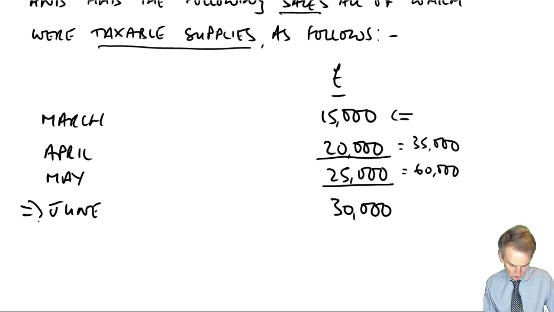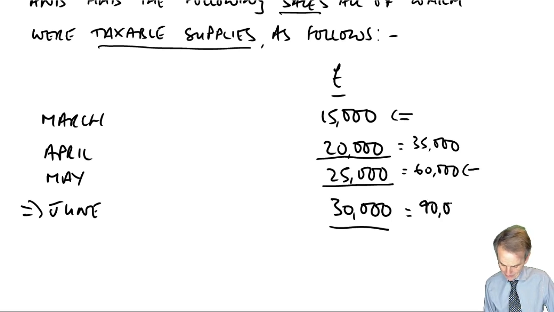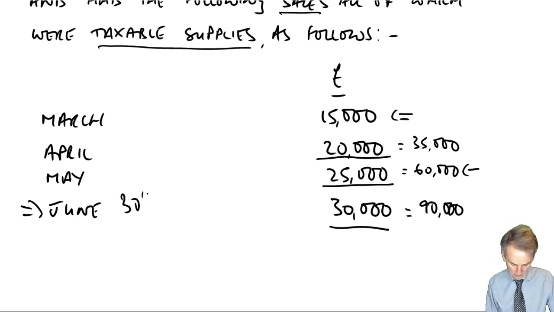We get the June taxable supplies at 30,000. Add that to your 60,000 cumulative total so far, and we're now up to 90,000, which of course here is within just a 4-month period. So we've exceeded 85,000 by what would be June 30th, the end of June.